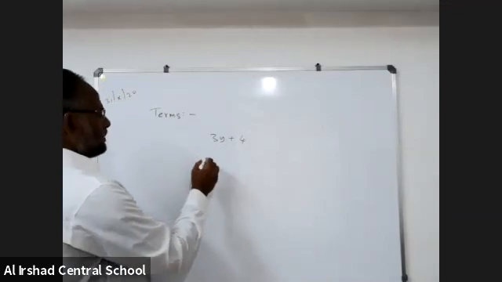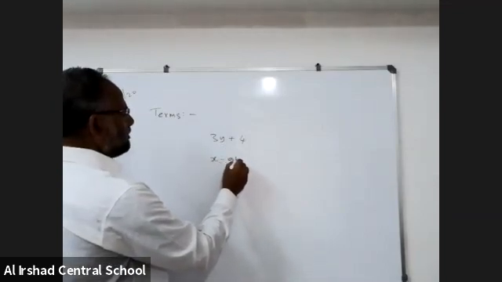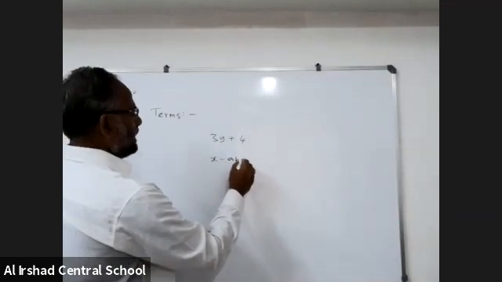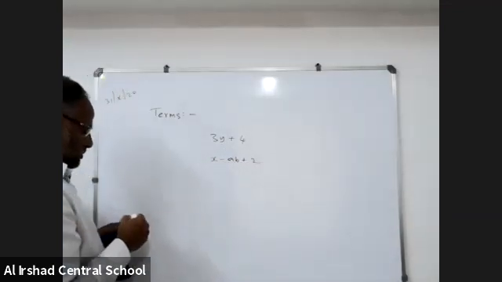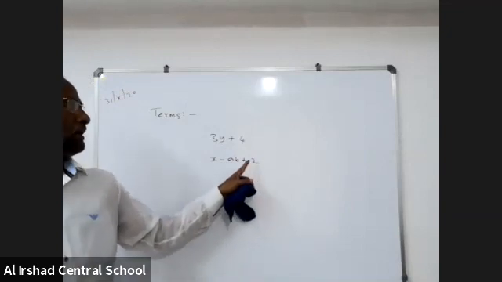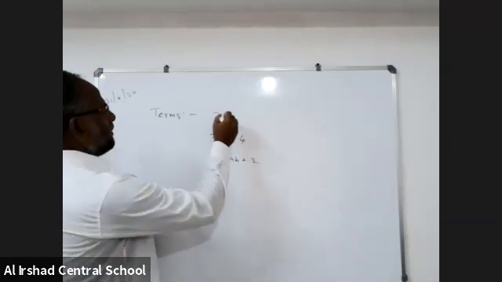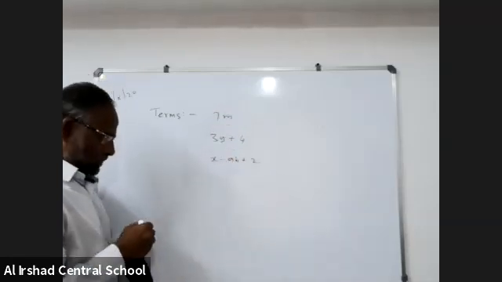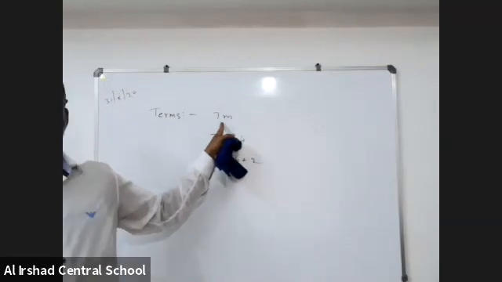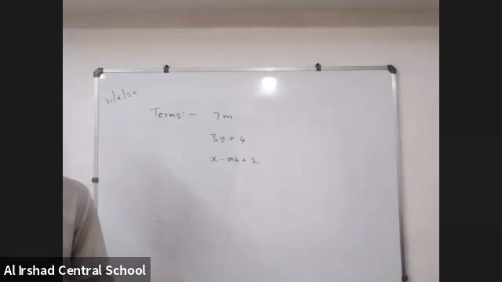Listen. Suppose x minus ab plus 2. Here there are 1, 2, 3 terms. Here 2 terms. Then 7m: here 1 term.